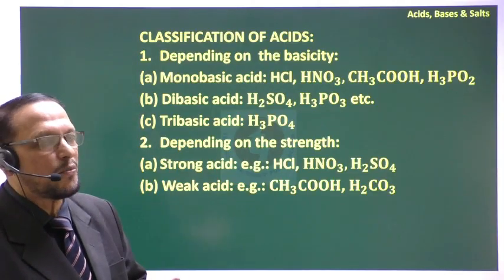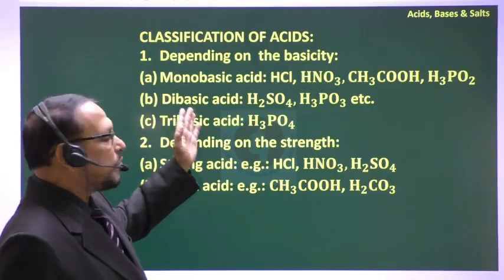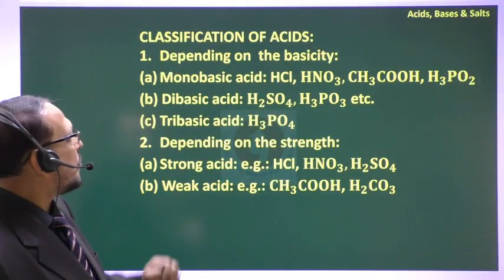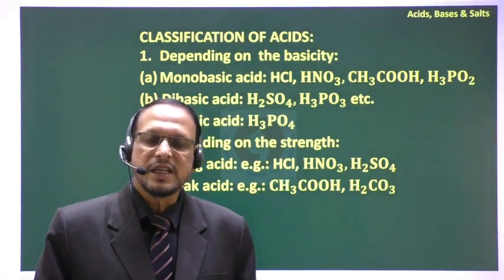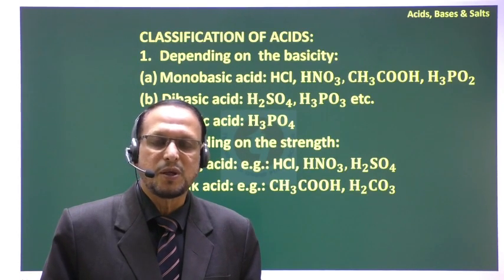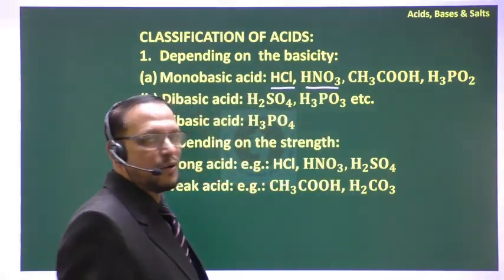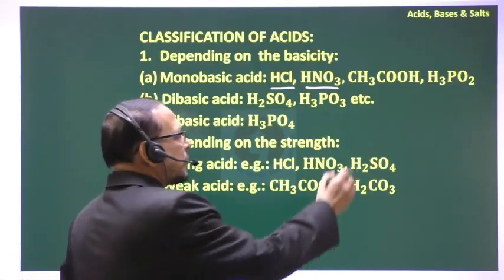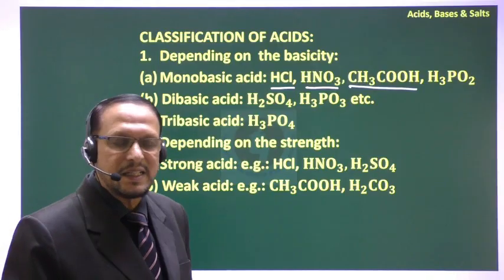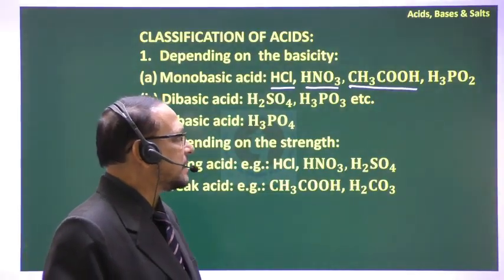Basicity means the number of replaceable H plus ions present per molecule. So there are monobasic acids, dibasic acids and tribasic acids. If an acid contains only one replaceable H plus, it is a monobasic acid. Acetic acid contains 4 hydrogens, but only 1 is replaceable, that's why it is a monobasic acid.